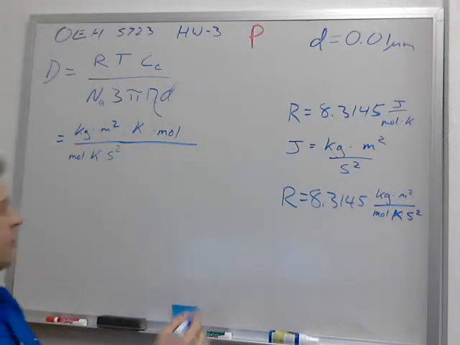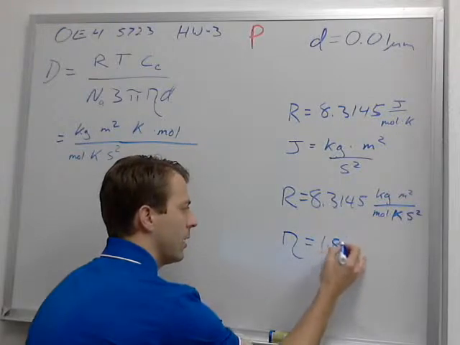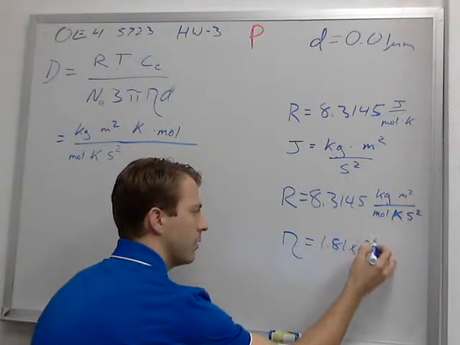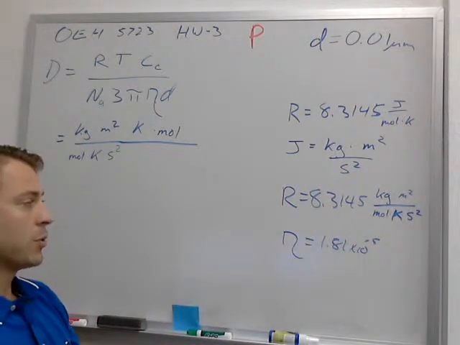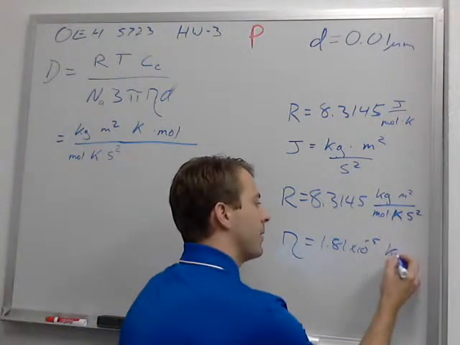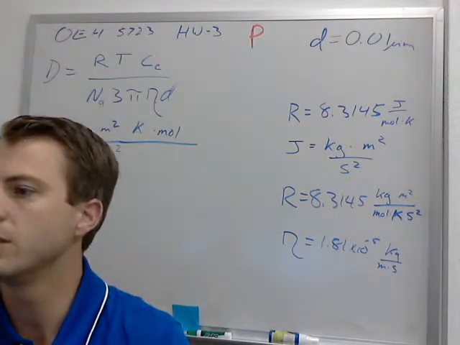And then our viscosity units, 1.81 times 10 to the minus 5 kilograms per meter second. Is that right? I'm just going to verify those units on Google here.